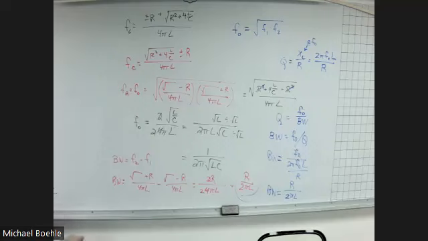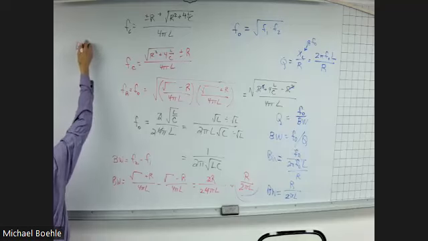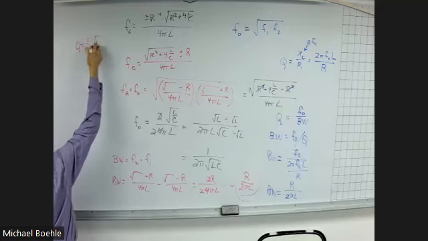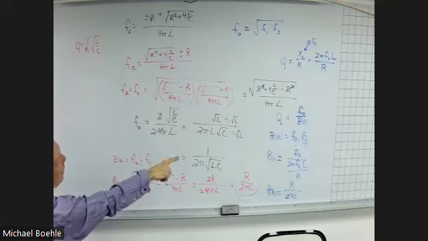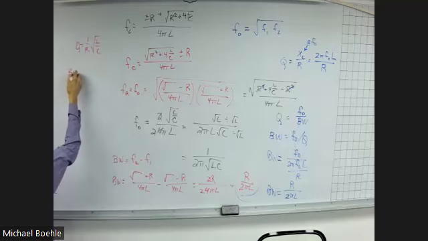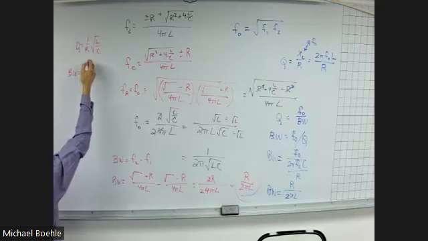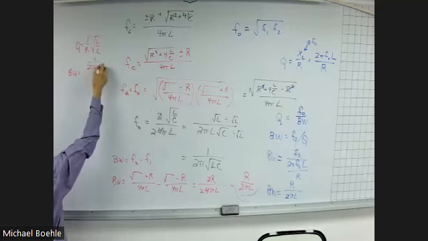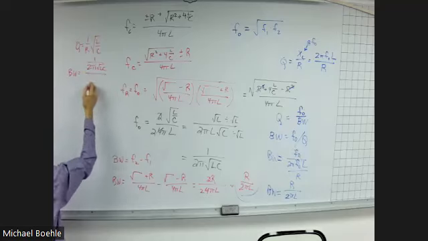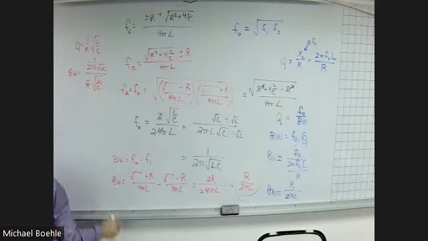Maybe we could do it real quick. So if we solve for bandwidth, we're going to take the resonant frequency, which is 1 over 2 pi square root of LC, and divide by 1 over R times square root of L over square root of C.